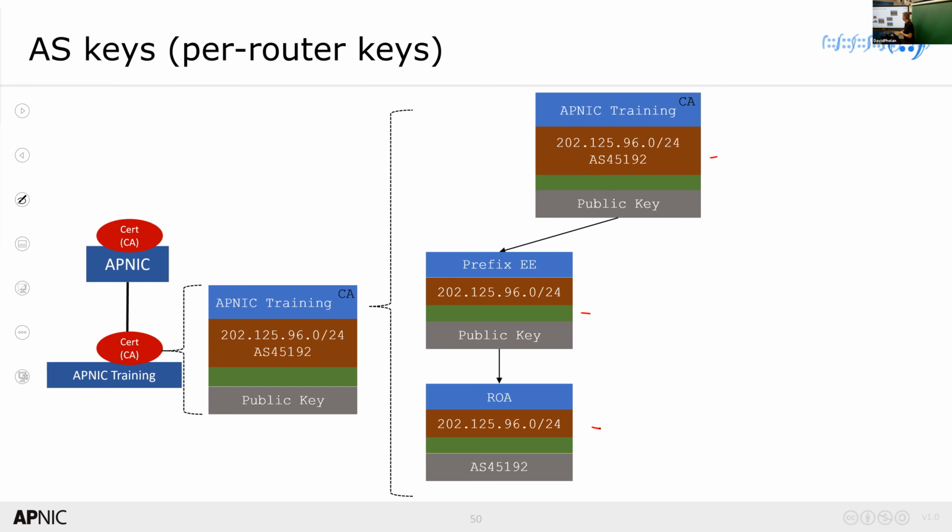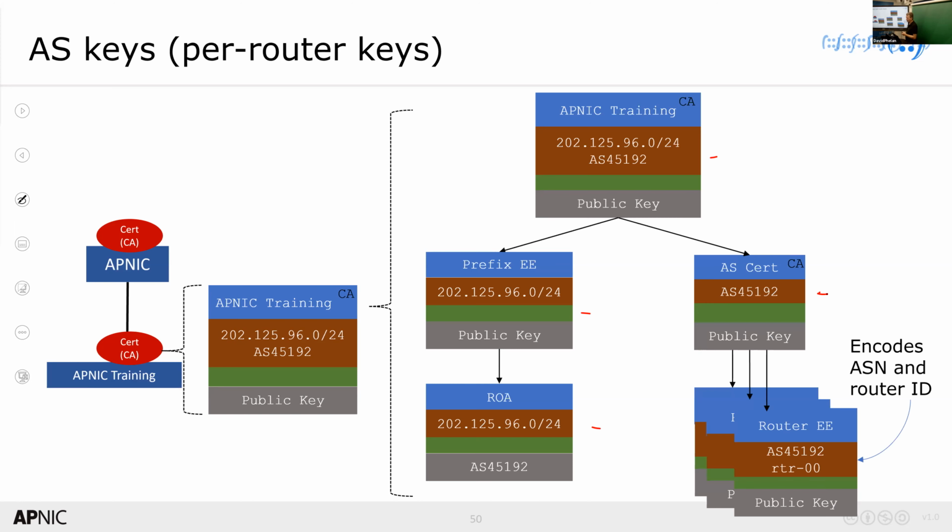We also have an AS cert. So that's my AS, and we're encoding the ASN and our router ID. So this is still in draft, but it's a nice concept. So we could use RPKI to validate that the originating router, based on its router ID, is actually allowed to send that.